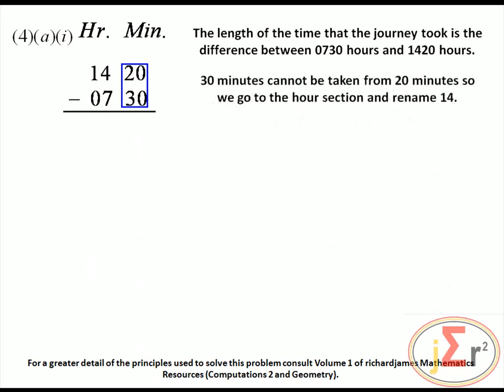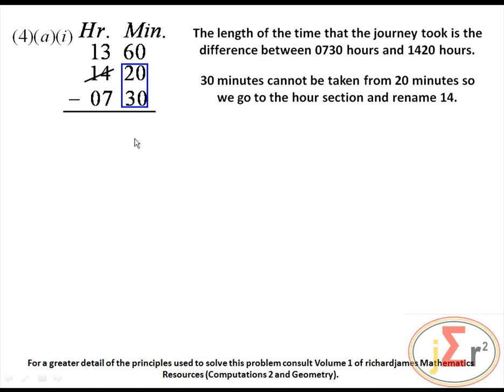The length of time that the journey took is the difference between the two times that we have right there, which is 08:30 hours and 14:20 hours. So we are going to subtract. In subtracting, we realize that we cannot subtract 30 from 20 immediately. So we will go to the hour section and rename 14. So 14, we take 1 hour from this part, from the hour section, and we have 13 hours left.